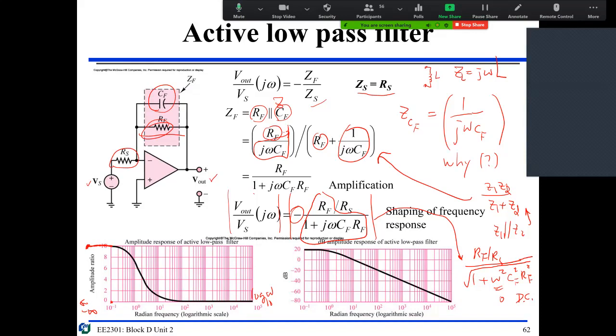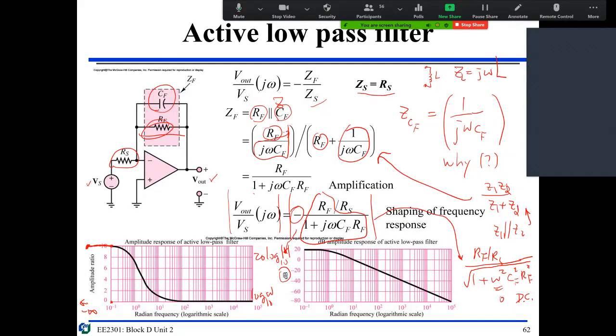So this is also called DC gain, direct current gain, okay? This point here is the direct current gain. Again, they use dB. I explained dB to you, because we are talking about signal ratios. So it's 20 log 10 of this magnitude, and this magnitude is this guy, okay?